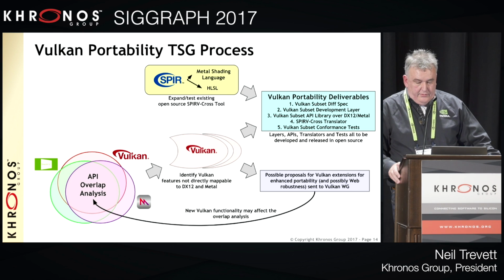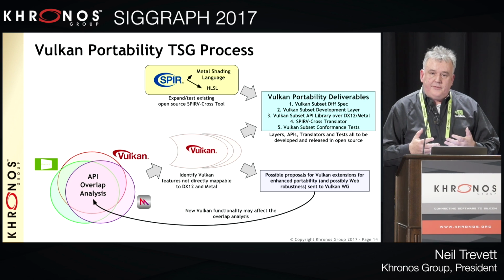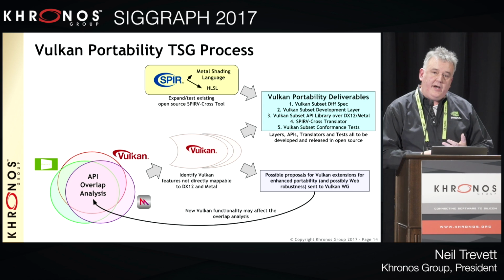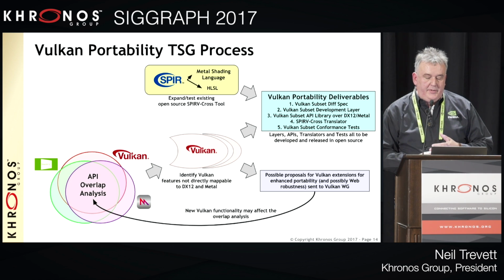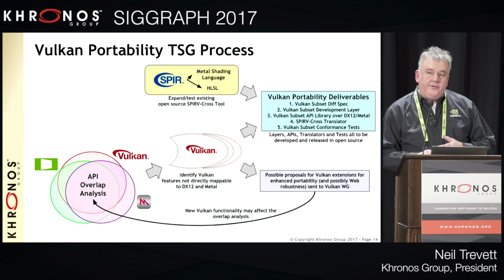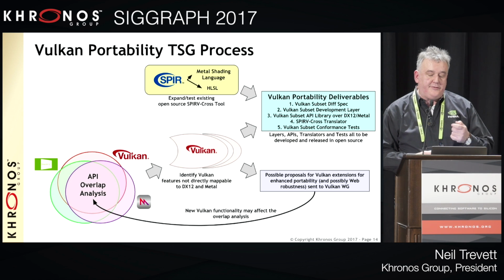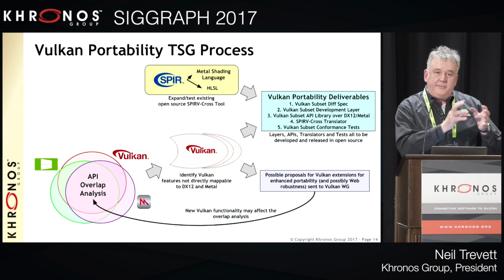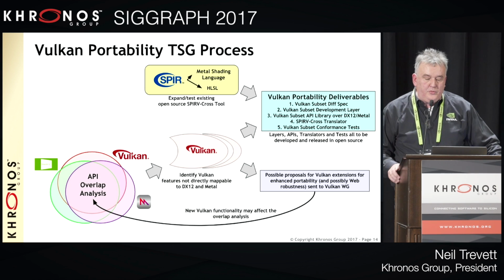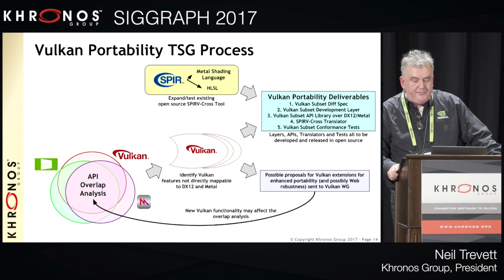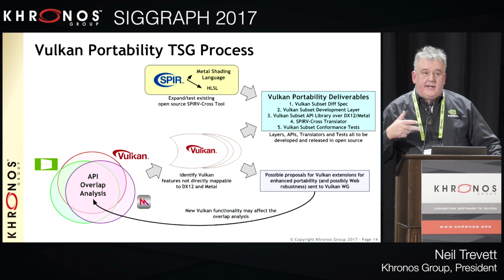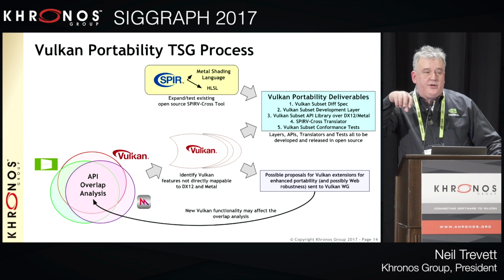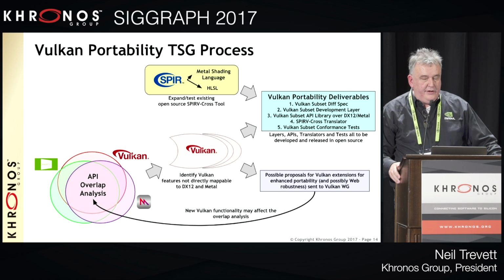So if you want to trade that last optimization opportunity for portability, I think this might be an interesting path forward. So the intent is to have a bunch of open source tools. We'll have an API library that converts the API calls to the underlying native API. We already have SPIRV-Cross, which is an open source translator from SPIR-V to Metal and HLSL. So we can take a Vulkan program and take it into Metal and compile it through the normal Apple compiler chain. We want to do a layer that will detect if you're using API calls that fall outside that overlap.